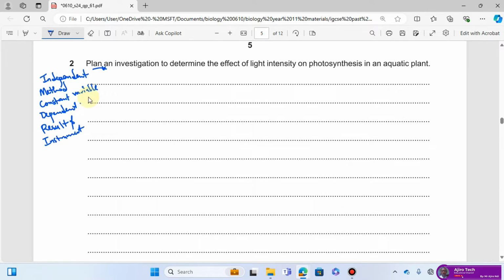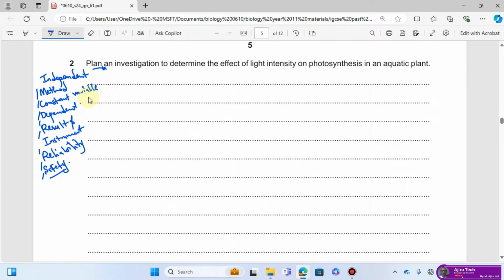Then you give us the reliability, how you make your result reliable, and you talk about your safety precaution or safety measure. So these are the essential things to take note of when doing paper 6. So let's go through this.